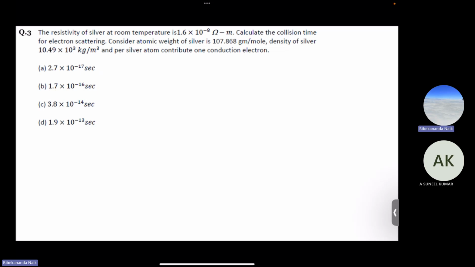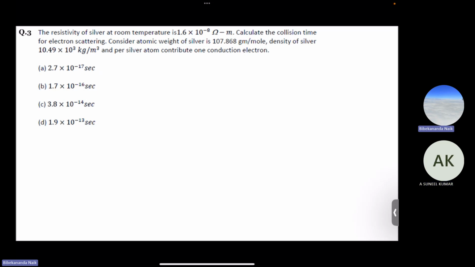Density of silver is 10.49 into 10 to the power 3 kg per meter cube. And for silver, only one electron contributes to the conduction. So the number density of silver atoms will be equal to the number density of electrons, because we are considering only one electron per silver atom.